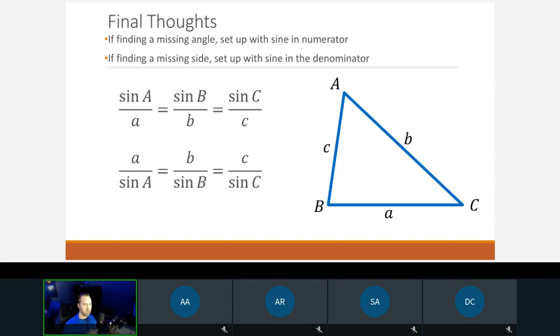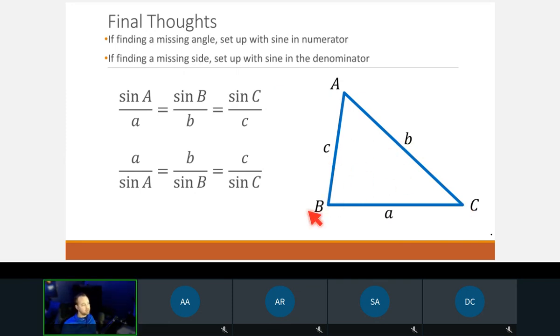If you write it one way versus the other because it's habit, it would just introduce extra math steps to solve for whatever you're trying to solve for. But following these two basic rules will save you steps. And one last thing. Angle A, opposite of that is side A. Angle B, opposite of that is side B. Angle C, opposite of that is side C.